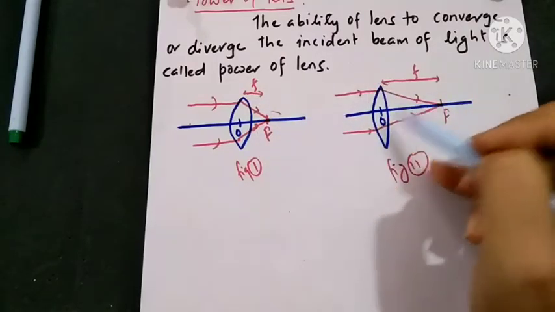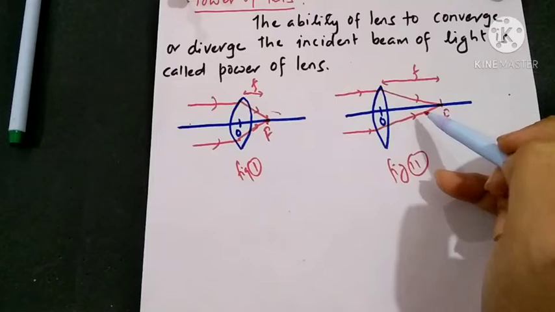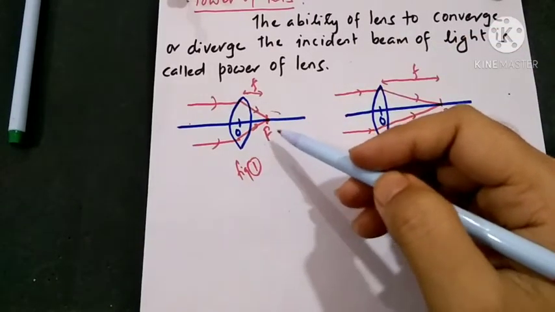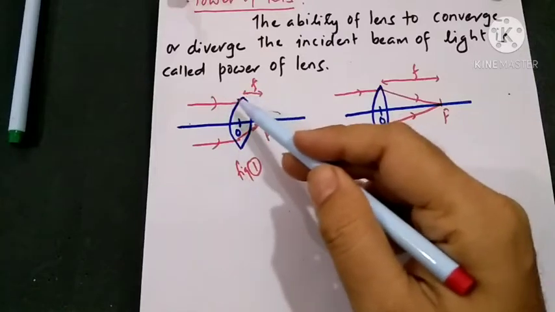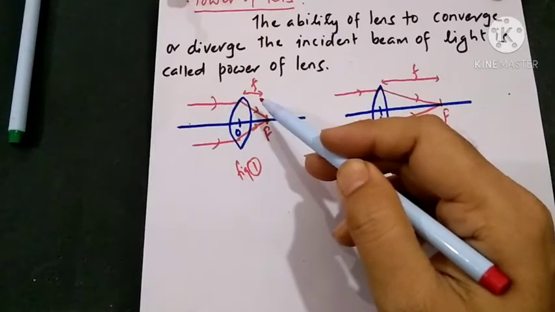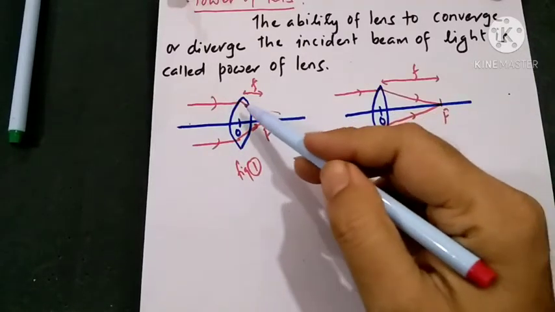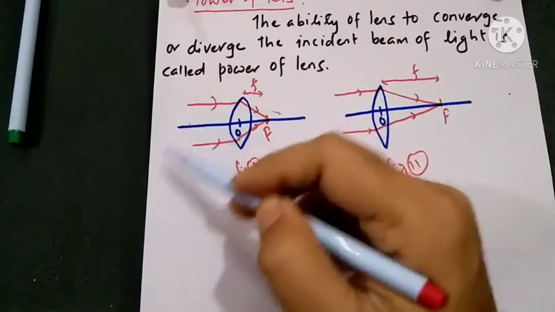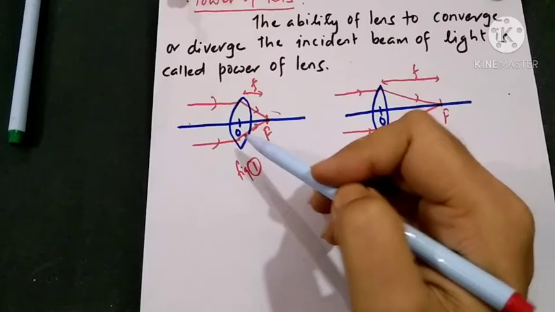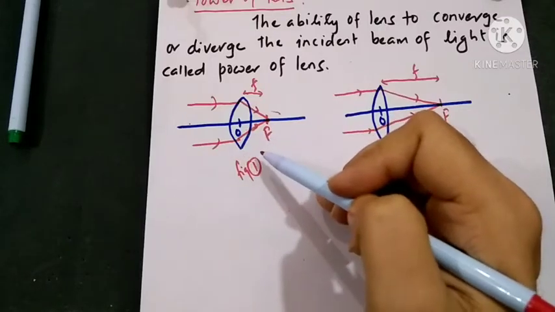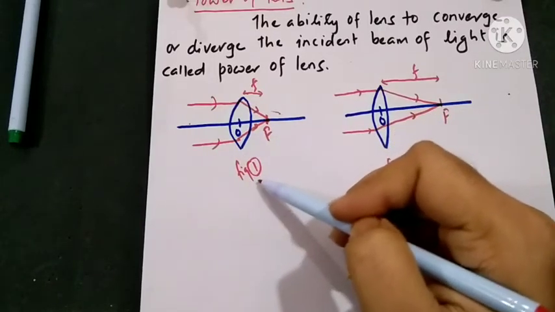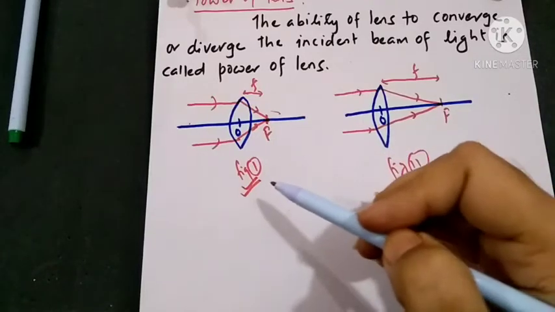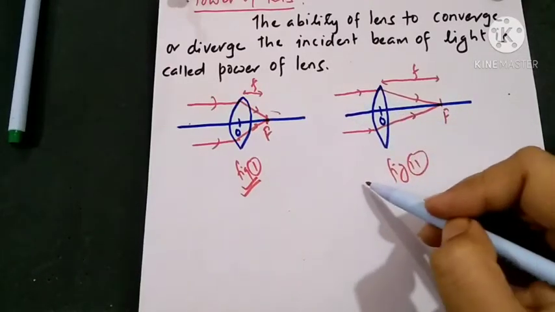Here the light rays meet far away from the lens. So the lens whose focal length is shorter is able to converge the beam of light or the rays of light more. Hence the convex lens of figure 1 has more power than the convex lens of figure 2.